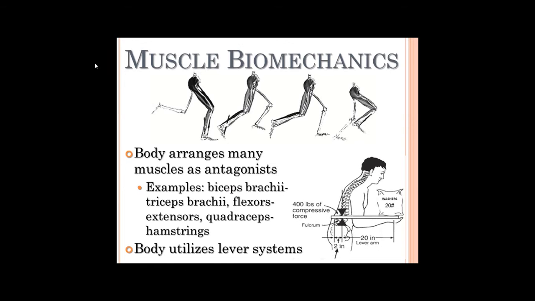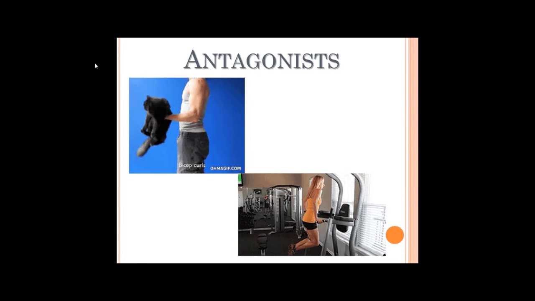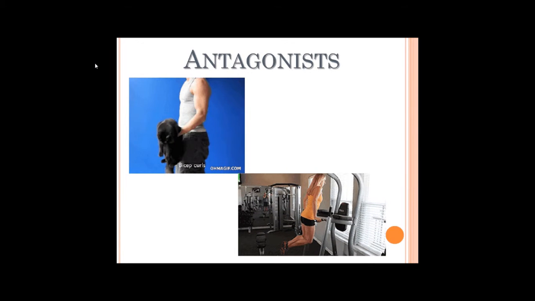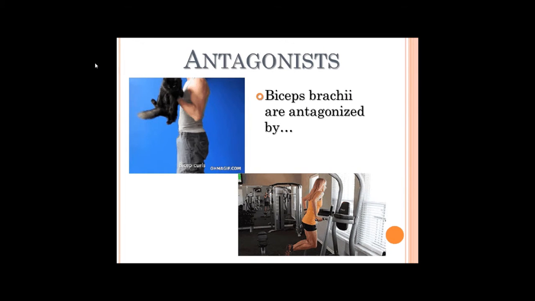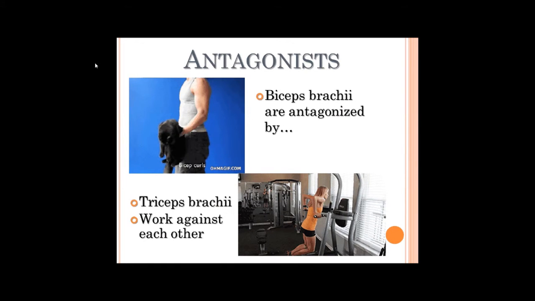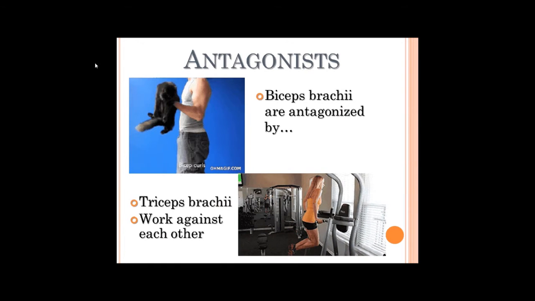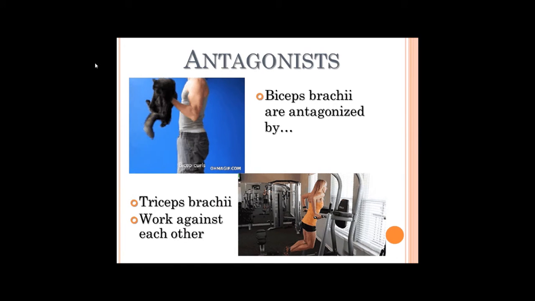Now here we see two separate antagonistic systems. First system shown here are the biceps brachii, which are antagonized by the triceps brachii. Now these two muscles work against each other in the arm to provide a variety of motions.